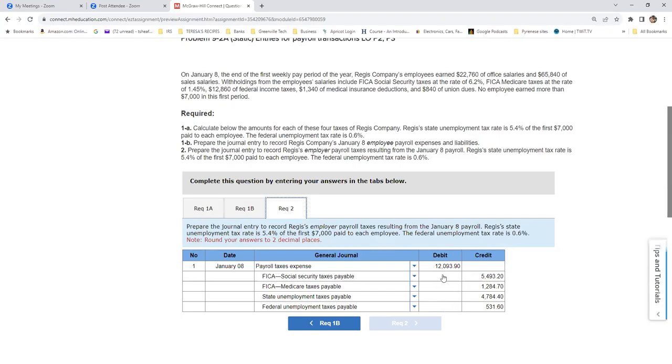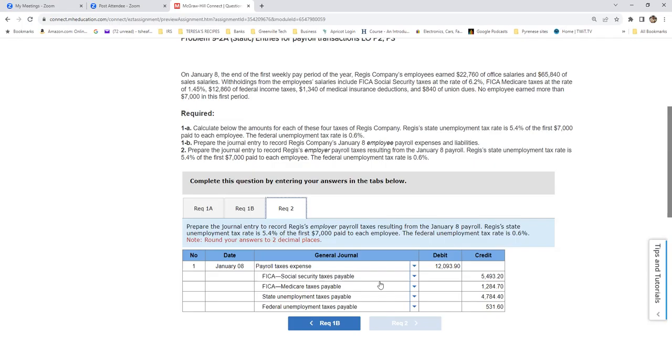Now, the reason these 2 FICA payables, whether employee or employer, go into the same account is that every quarter the employer has to fill out a Form 941 and file it with the IRS, and it combines Social Security and Medicare owed to the government. It does not break out what was withheld from the employees and what the employer side is paying. The rates listed there are the combined rates.